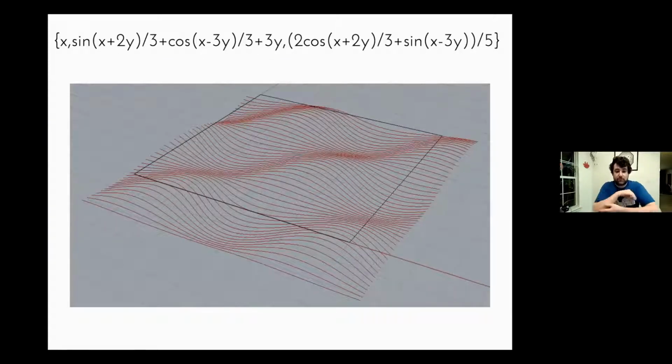So let's have a look at the mathematics that starts to emerge when you play with these ideas. This is a simpler example. This wavy surface comes from the equation at the top.